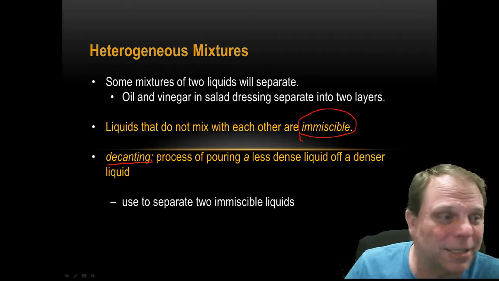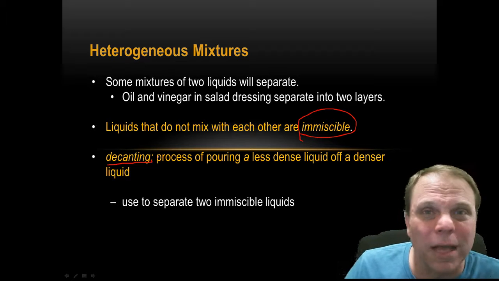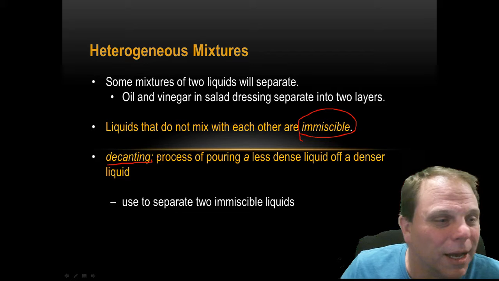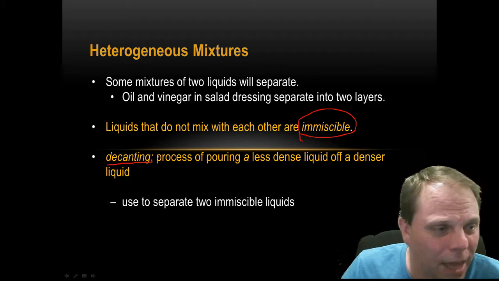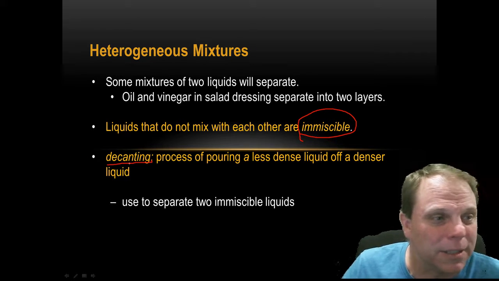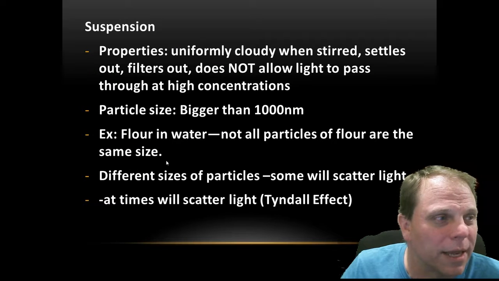Okay, decanting is a slow process where you allow the less dense liquid to come off the top of the greater density liquid, and you're going to use that to separate those different immiscible liquids. Okay, all right, so heterogeneous mixtures, oil and water, oil and vinegar, things like that.